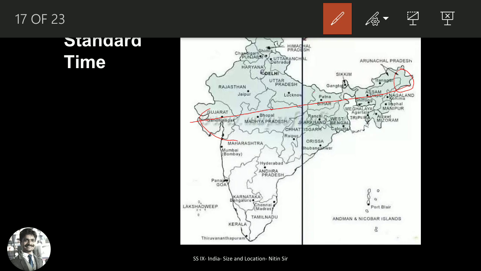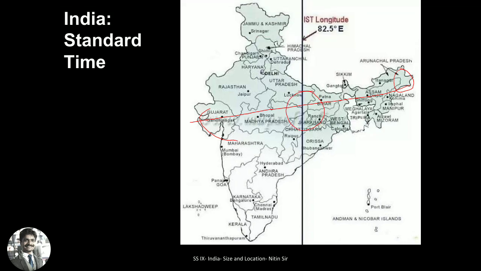We took an average of this line. This line is known as Indian Standard Time or IST. IST has a value of 82.5 degrees east, right?